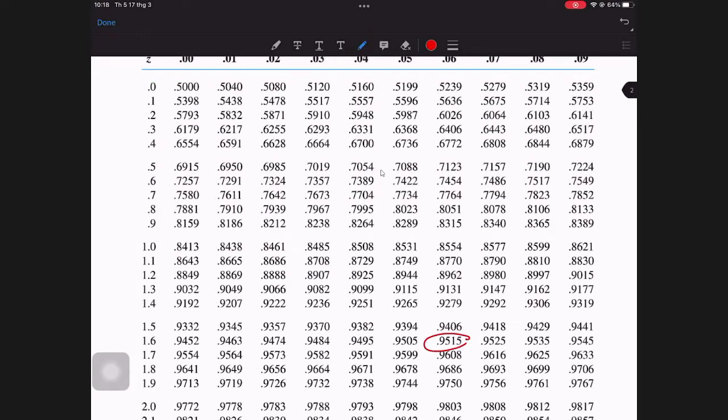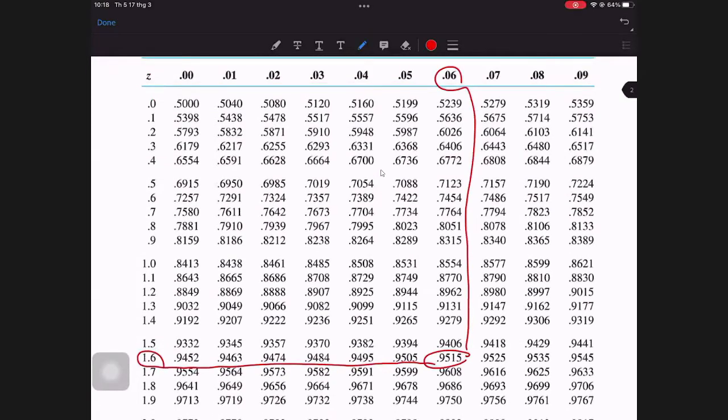After you find the probability here, you move along to find this, and then you move up to find the second decimal value. So here we have the value of Z which is equivalent to 0.9515, and here it is 1.66.